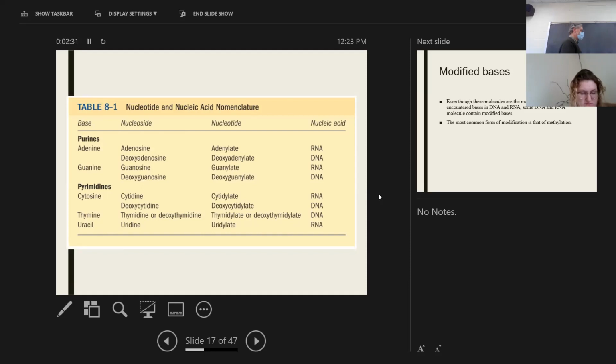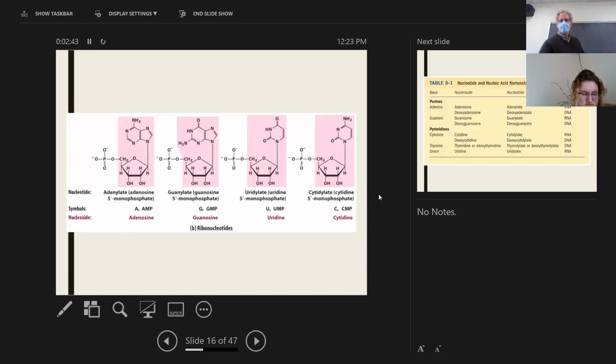And then uridine becomes uridylate. So you swap the -dine for -dylate. And that is the naming convention of the nucleotides. And we can go back and look at them and you can see the various structures again. If you can identify the bases and then determine if the sugar is ribose or deoxyribose, you know what it is. It's just that simple.